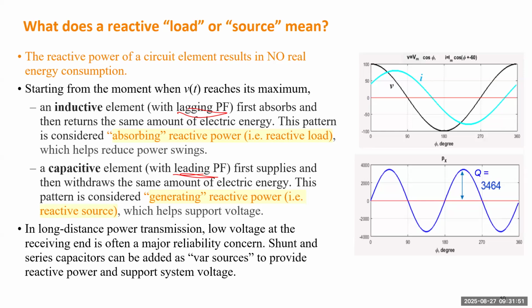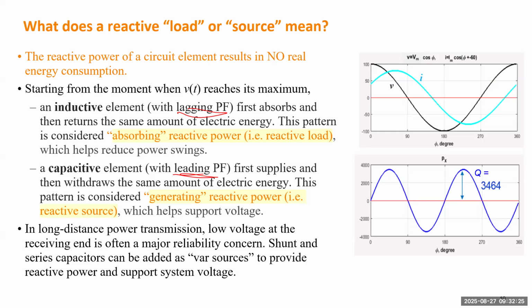So in long transmission lines, the low voltage usually will happen at the receiving end. We'll prove this statement, but right now just keep it in mind. So for long power transmission, usually the low voltage will be at the receiving end. That can be a reliability concern because you don't want the voltage to drop too much over the distance. So if you want to make the voltage higher, usually they will purchase a shunt or series capacitor, depending on how it's connected to the line.